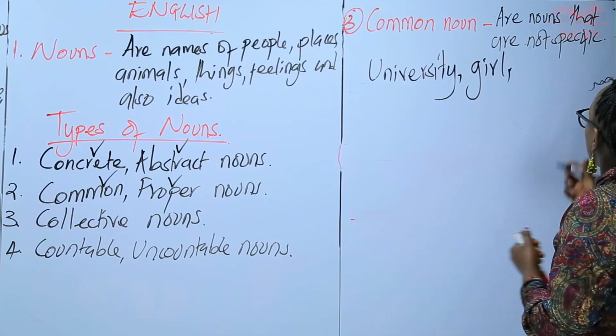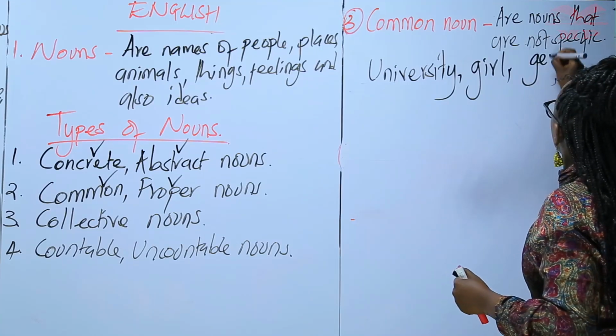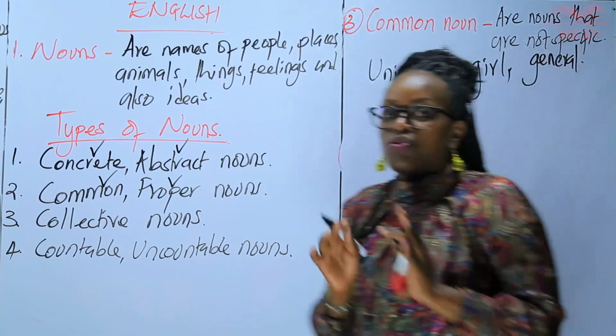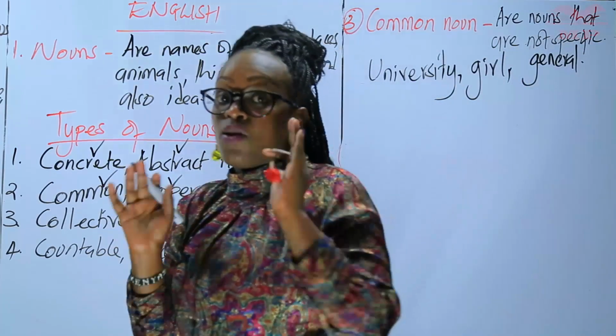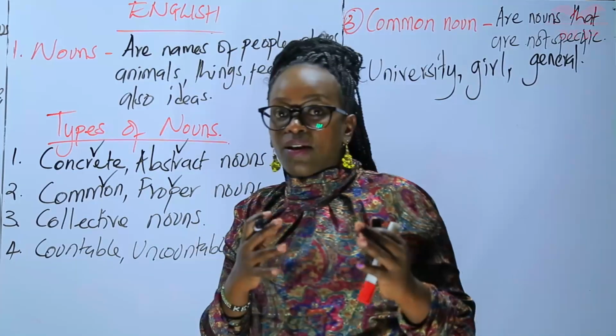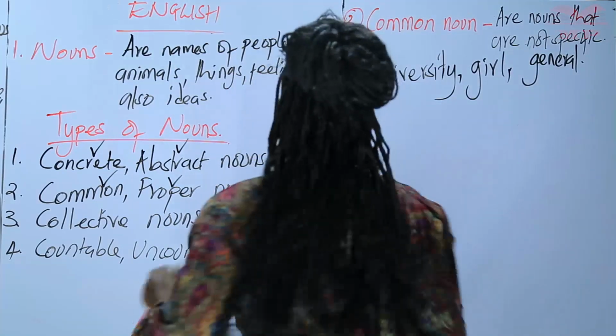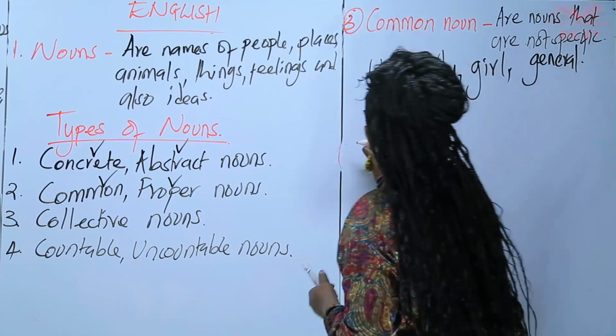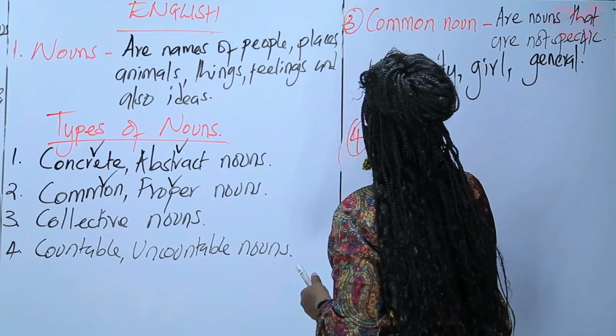In other words, we can say that they are general. They refer to things in general. They do not specify exactly what they want to talk about or who the particular person being addressed is.